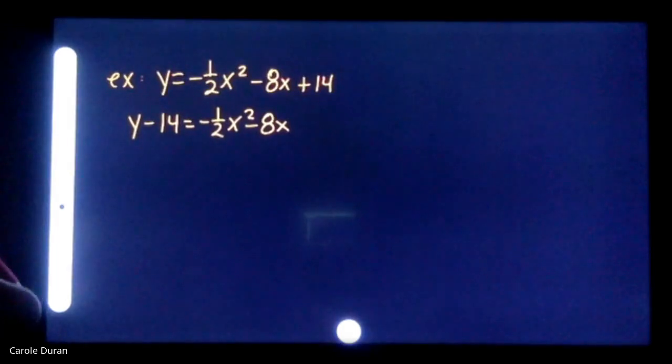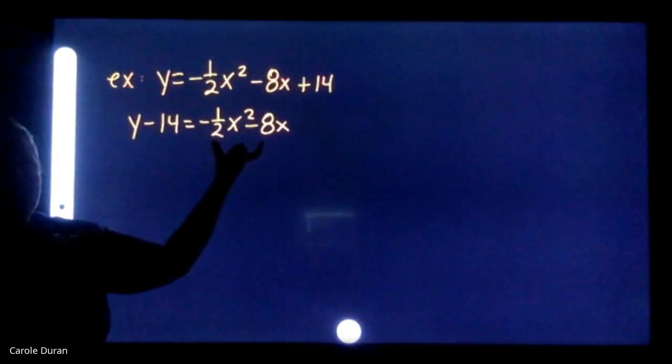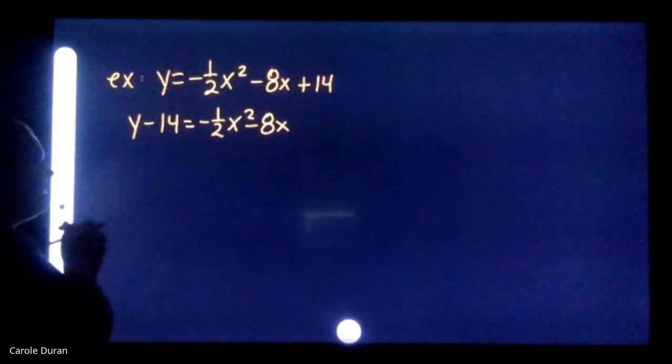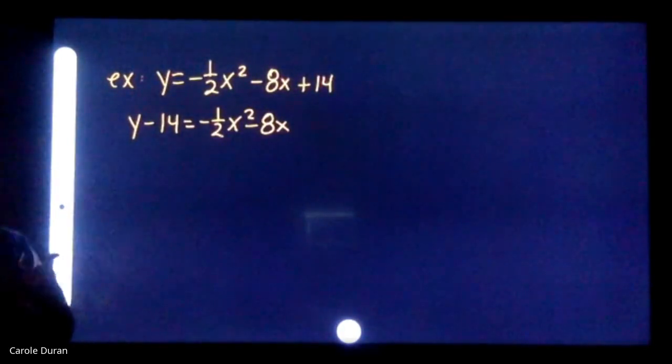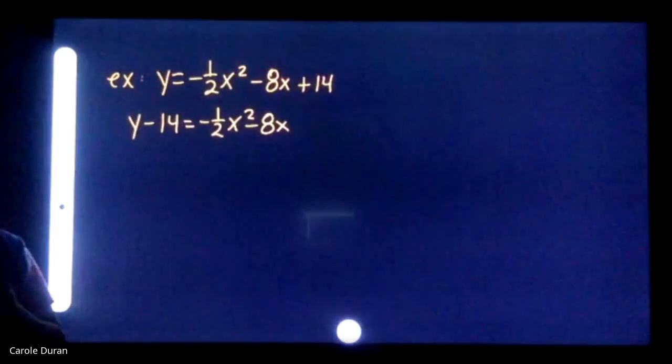From here then, I would like to go ahead and take out a common factor from these two terms. So on this one, I have that -1/2 in front of my x squared. So I need to take that -1/2 out of everything.